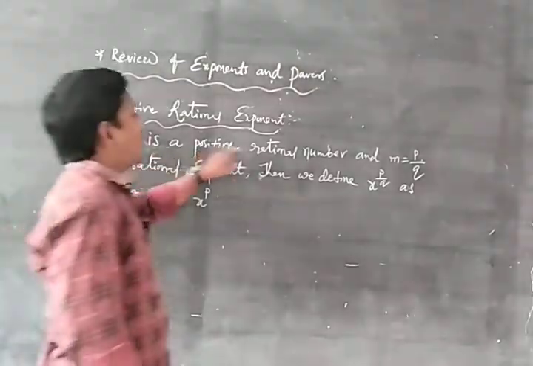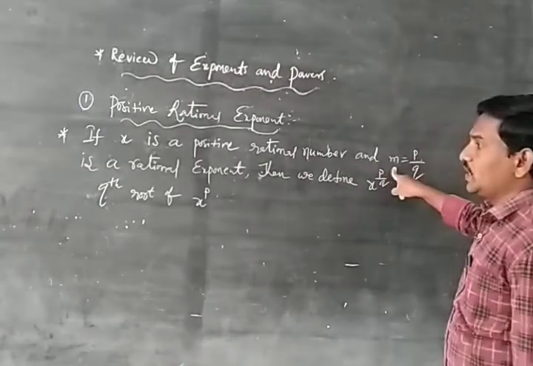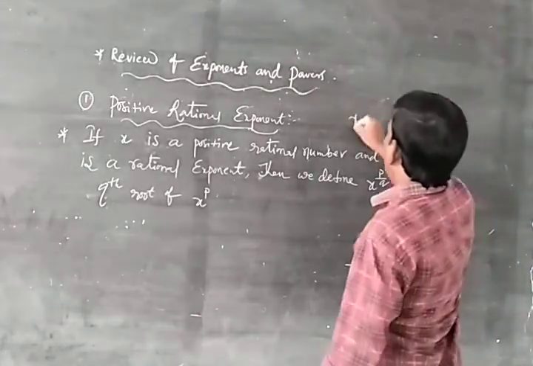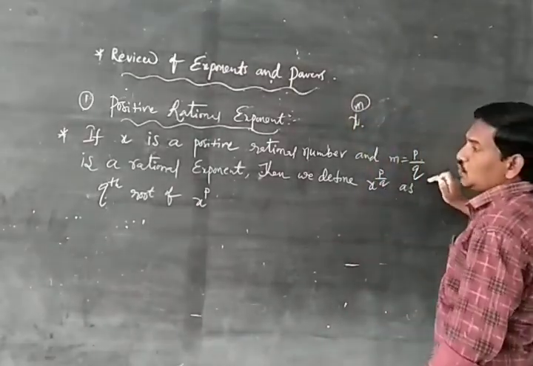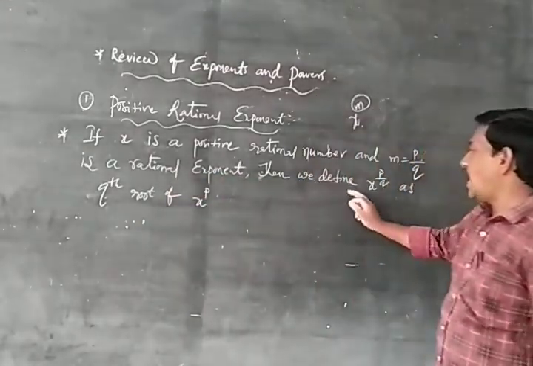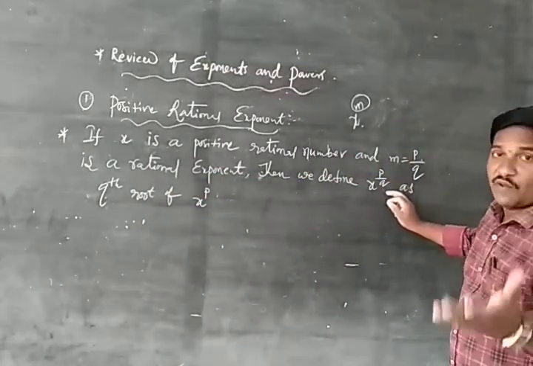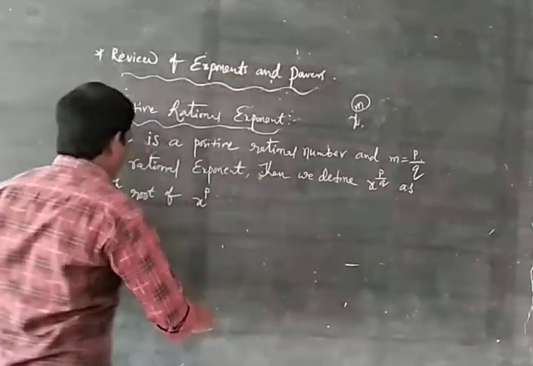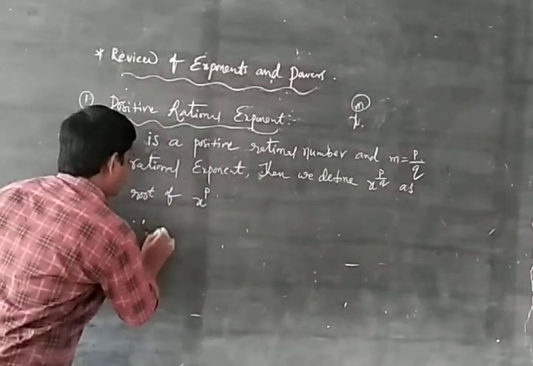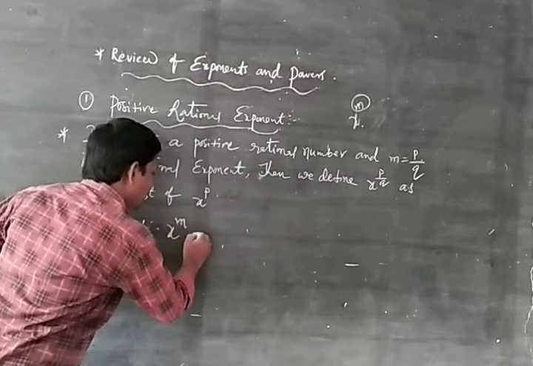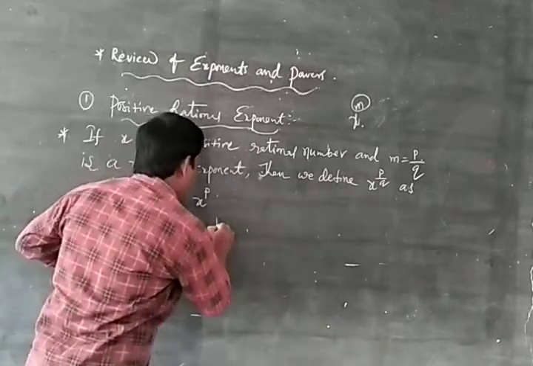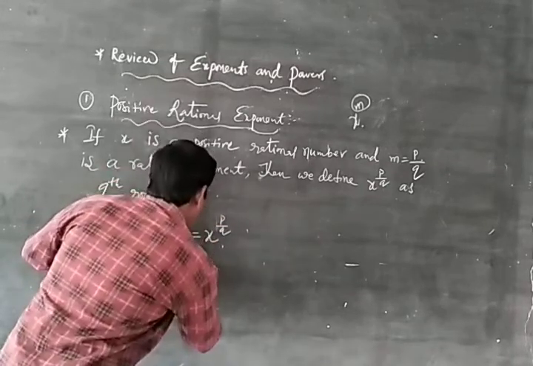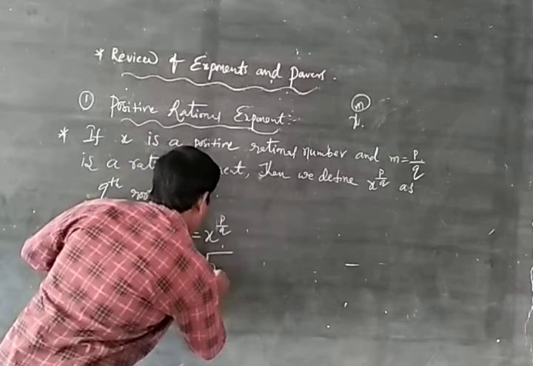If x is a positive rational number, and m, that is x power m, with m written as p by q, is a rational exponent, then we define x power p by q, that means x power m, where in the place of m we write p by q, as the cube root of x power p.